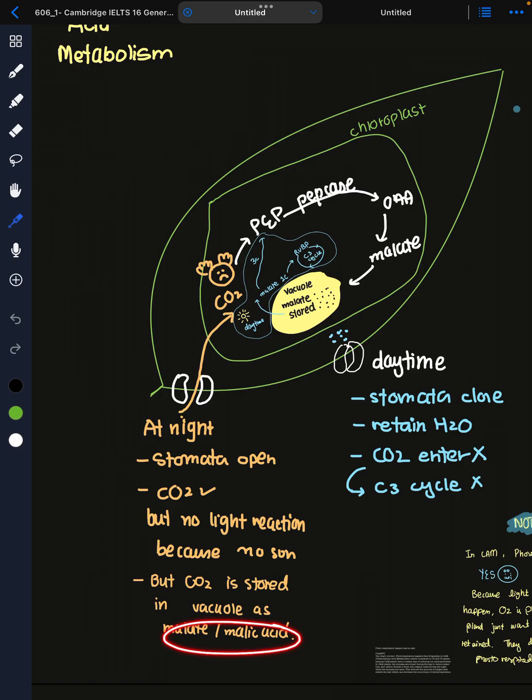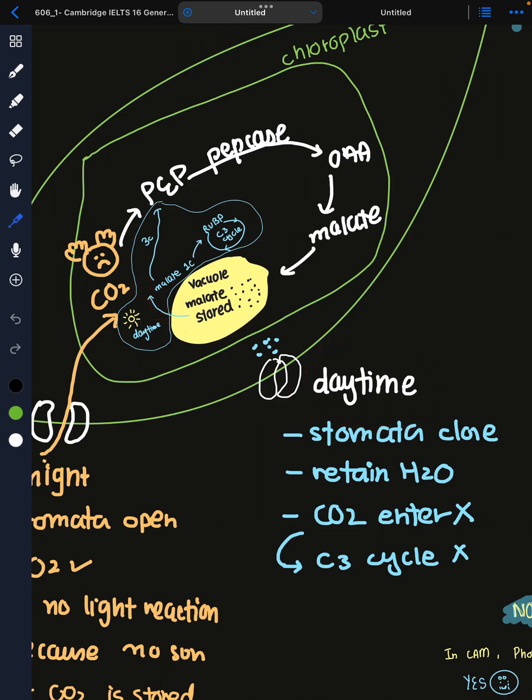The malate is stored in the vacuole, because at nighttime we don't have sun, so the light reaction cannot happen in the plant. So the CAM plants store the carbon dioxide in the form of malate in their vacuoles, and when the sun rises, during the daytime, the malate is decarboxylated again, and the carbon dioxide which is released is used in the C3 cycle.